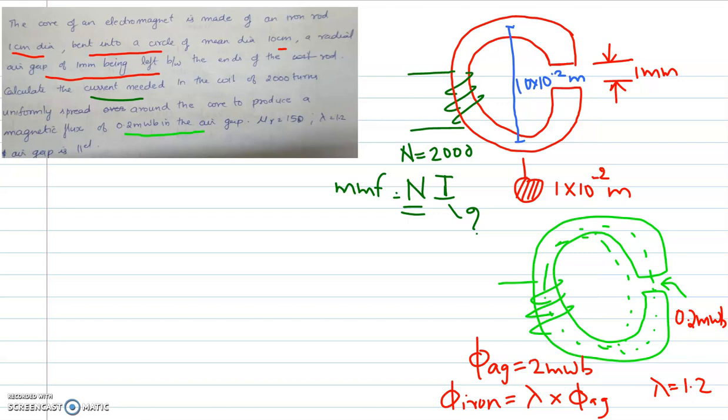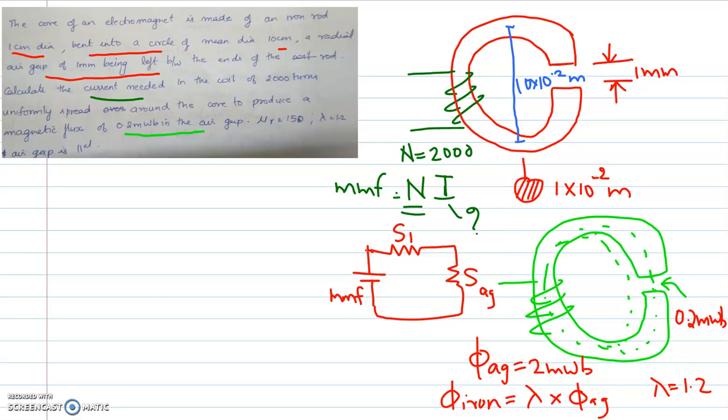Now we will also draw the equivalent electric circuit. So this is your MMF. This is your reluctance of the iron path. This is your reluctance of your air gap.